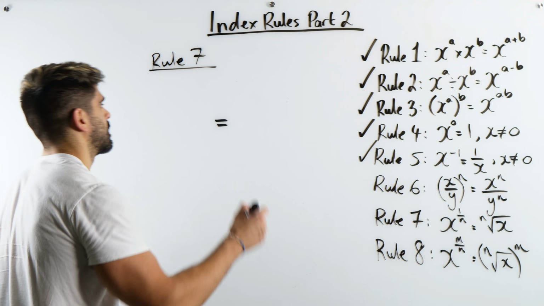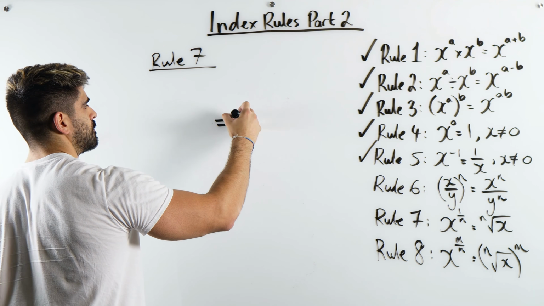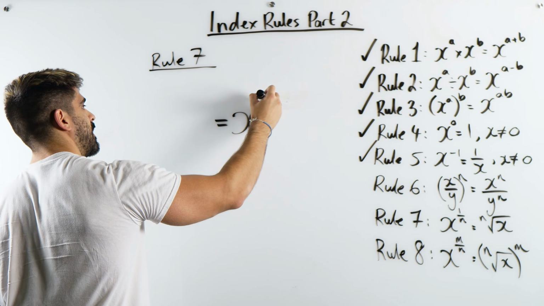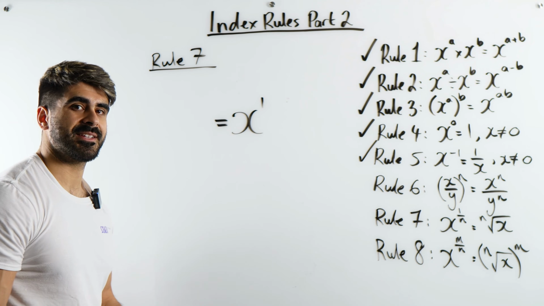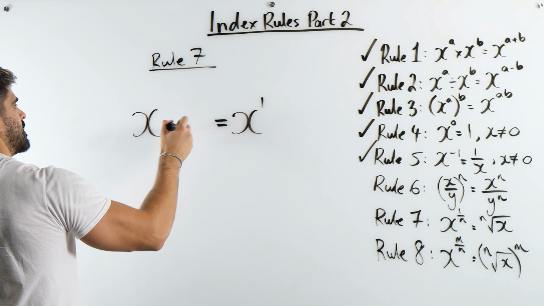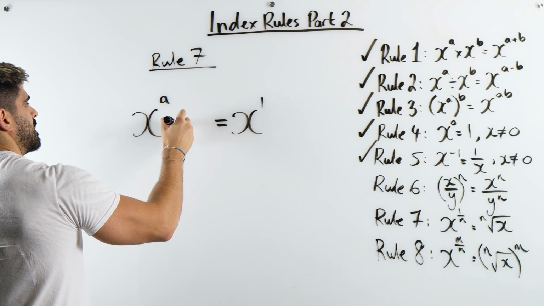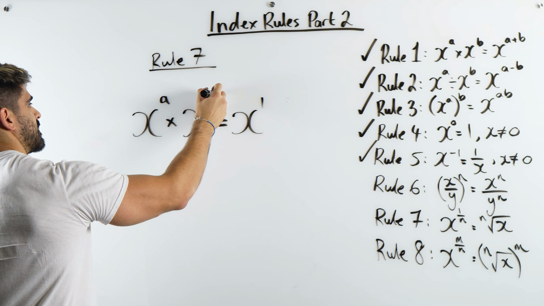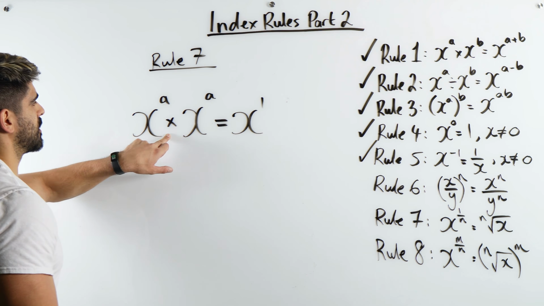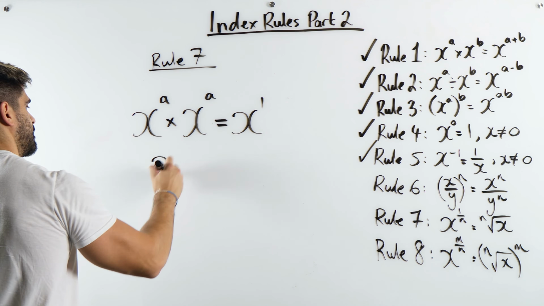I want to figure out what multiplies by itself to give you x to the power of 1. X to the power of something times x to the power of something is power 1. When we multiply two numbers with the same base, we add the powers.